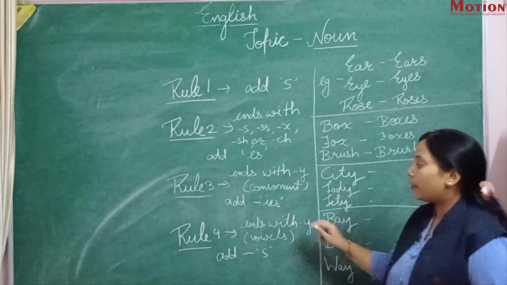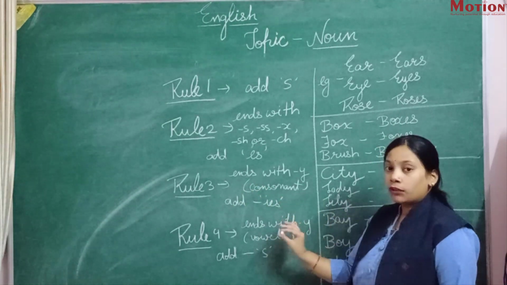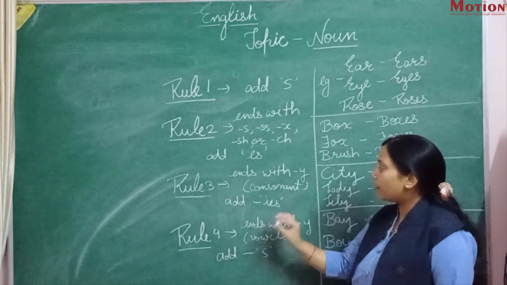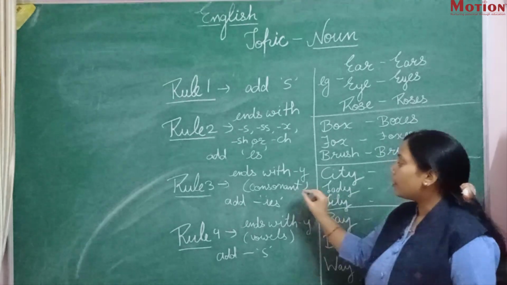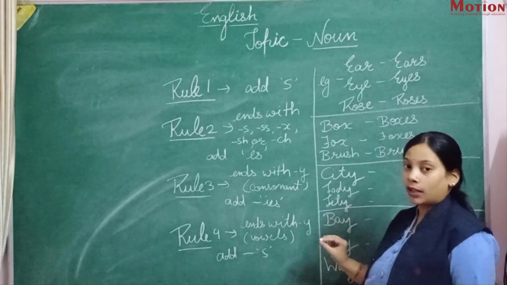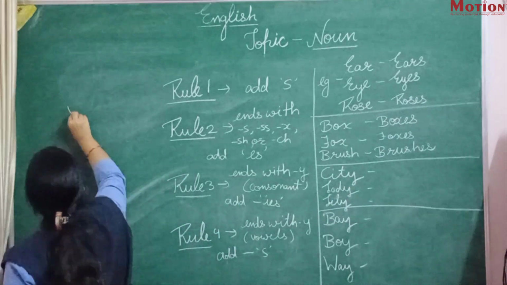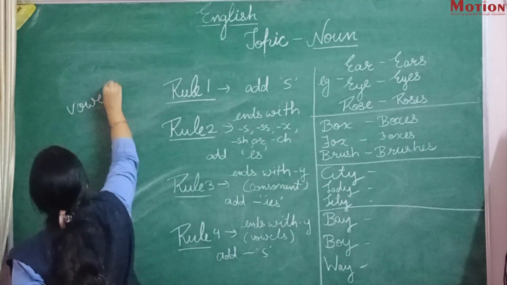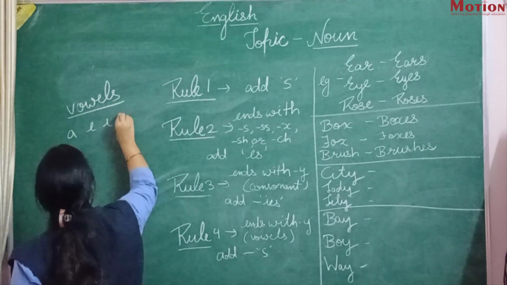Rule number 3 says that if any noun ends with y, but before y there is a consonant. We have 5 vowels, everyone knows about it: a, e, i, o and u.